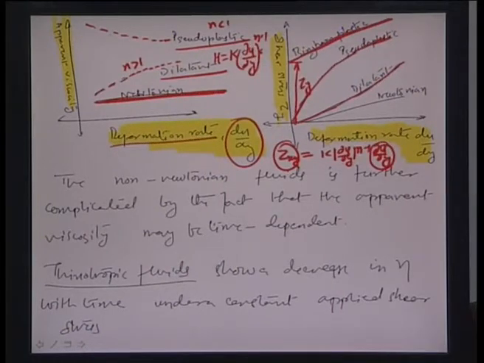But as the du by dy increases, in case of pseudoplastic the viscosity comes down. And so there is a cutoff deformation rate beyond which the lessening of the viscosity outweighs the increase in the du by dy.